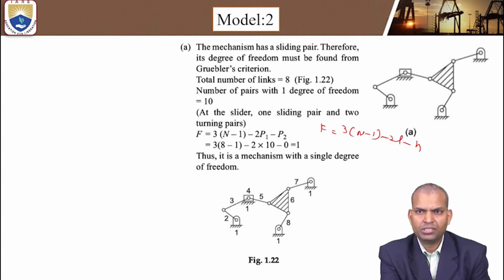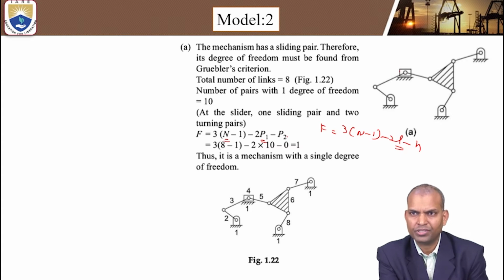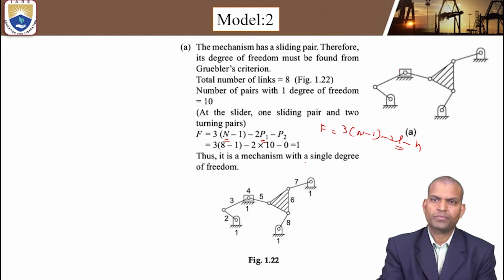Here, different notations: 3 into n minus 1, where n stands for the number of links. P1 is the number of lower pairs, which he considers single degree of freedom, and P2 is 2 degree of freedom, that is nothing but higher pairs. You can use any one of the formulas.